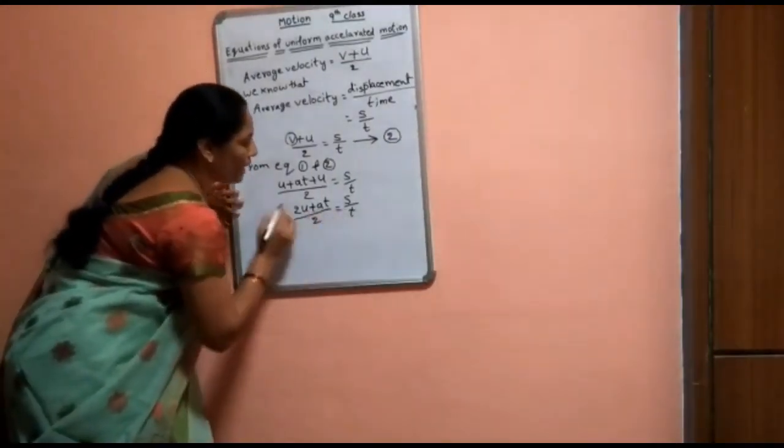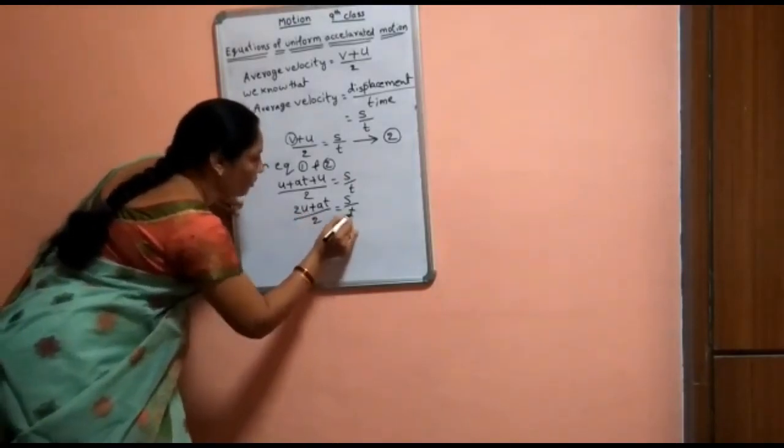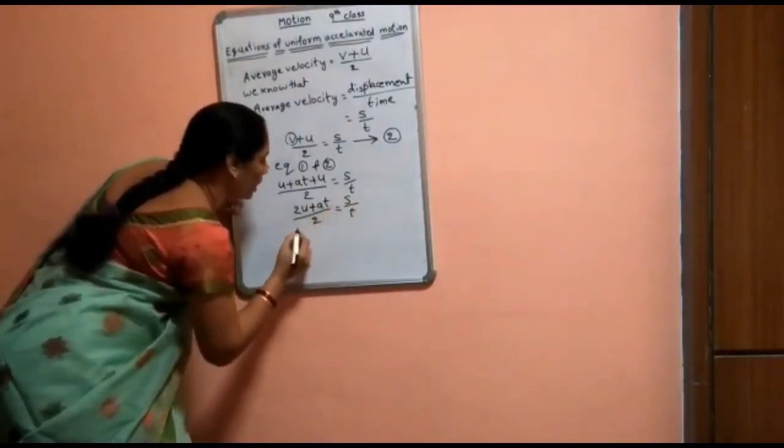Next, we do the cross multiplication. T goes from here to here.